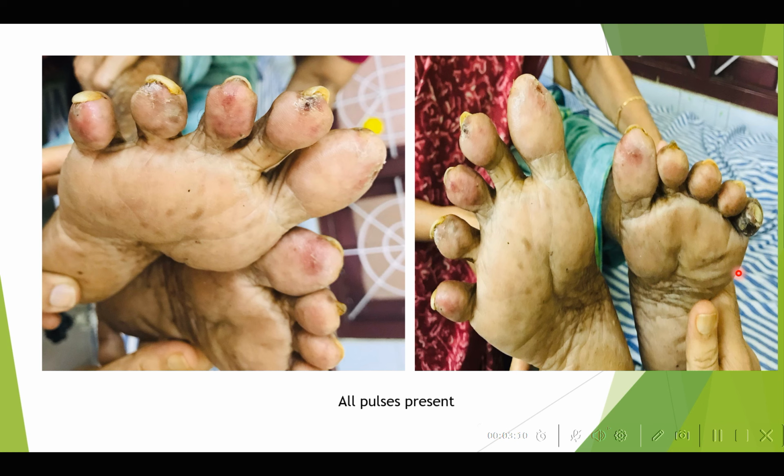The possible occlusion would probably be distal to the dorsalis pedis, sir, because the dorsalis pedis and the posterior tibial pulses were palpable. So this occlusion would be in the small arterioles and arteries.